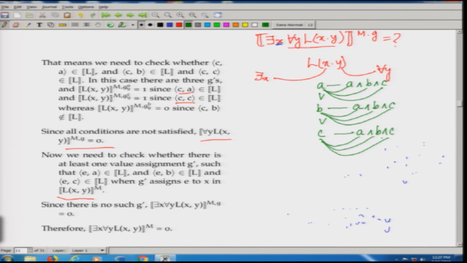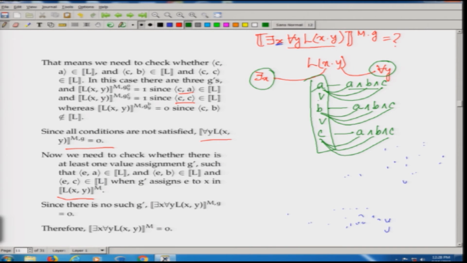That means if we find just one thing, if we find A such that A A belongs to L, A B belongs to L, and A C belongs to L, we are happy. But you see, in this case, because it is all, it has to be all three, and in this case, because it is some, it will be or.